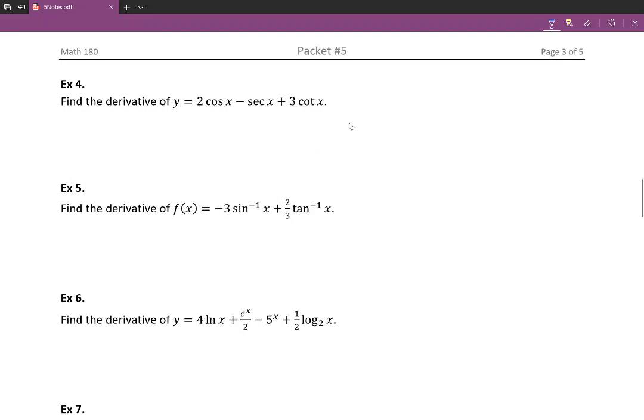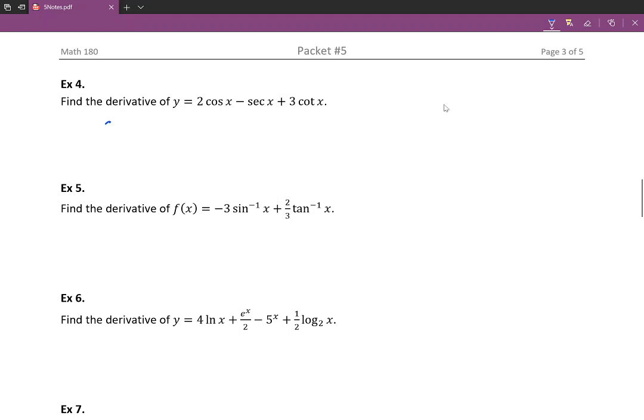But we're going to take those two rules for granted and just know that the derivative will work its way into the cosine x through those rules, and it'll work its way into the secant x, and into the cotangent x. I mean, after all, that's what it did to the other examples where we had different terms and coefficients in front of those terms. The derivative can work its way through those two rules into those smaller functions.